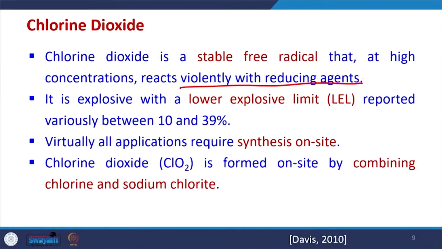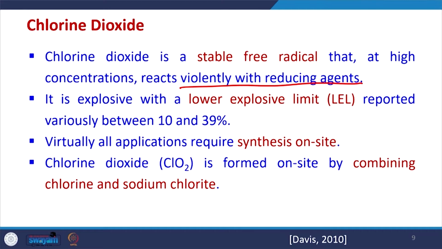So, this is one of the basic characteristics of chlorine dioxide. It is explosive with a lower explosive limit reported between 10 to 39%, and virtually all applications require synthesis on site. So, if chlorine dioxide has to be formed, it has to be formed on site before usage.